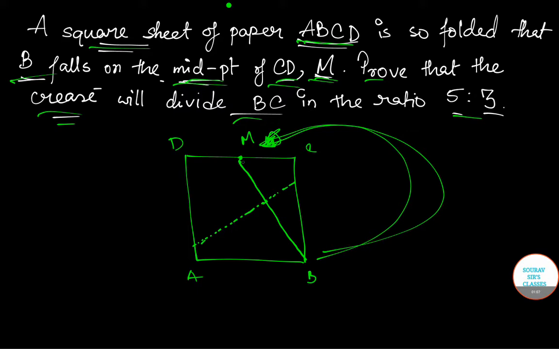So this is a straight line, okay, and this crease will bisect this straight line at a 90 degrees angle.